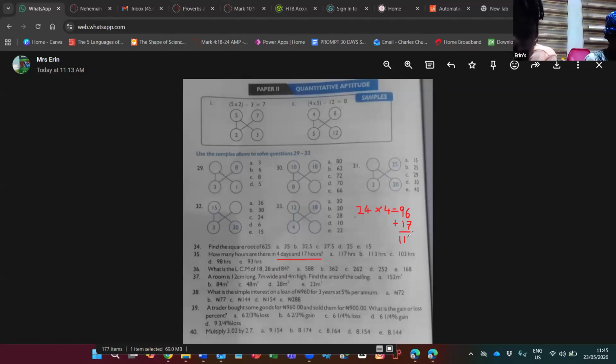It's not me that said it, it is Faith. I read the correct answer in your book and how you got it. Okay, so when you're done writing, we'll go to the next question. LCM of 18.